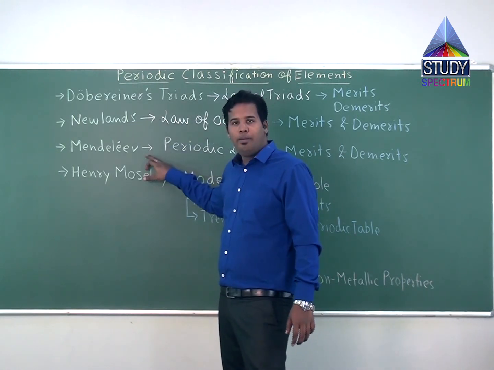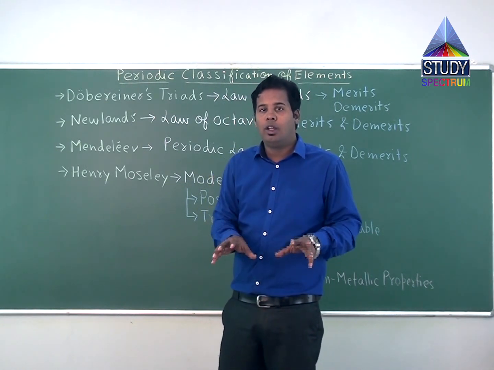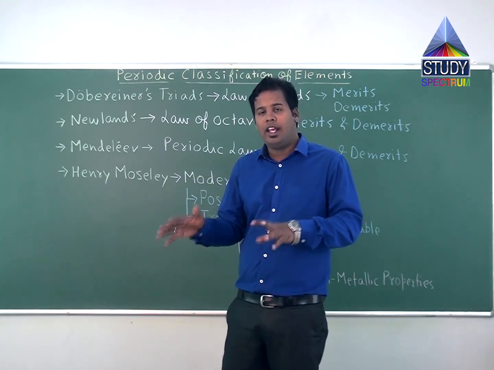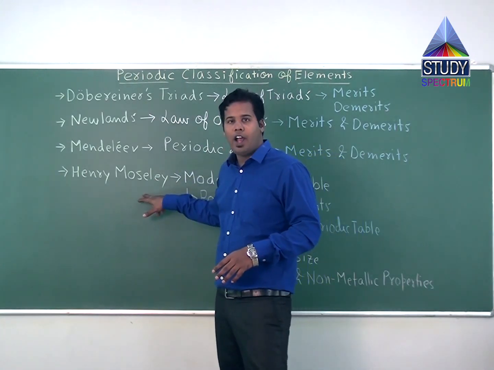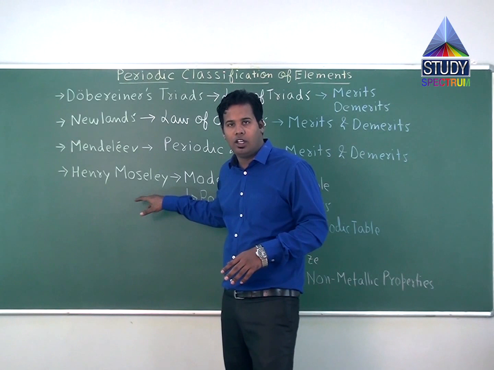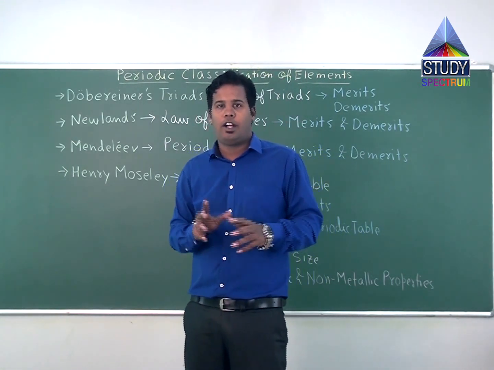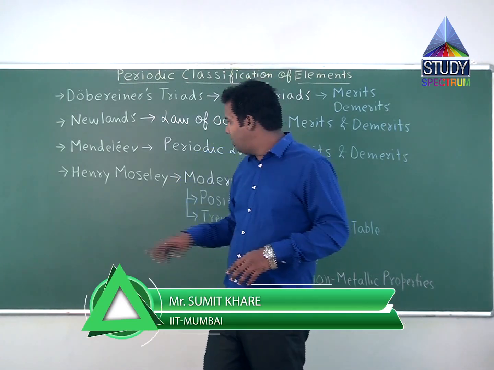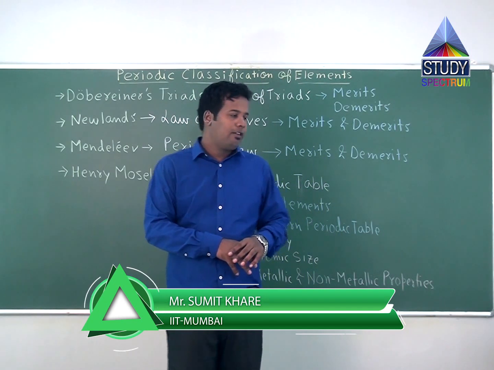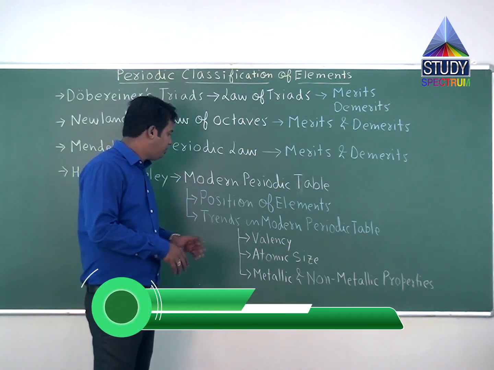The common basis between these 3 scientists was that they assumed elements to be arranged in increasing order of atomic masses, which was finally corrected by Henry Moseley: if you arrange the elements in increasing order of atomic numbers, the periodic table can be perfectly formed. And that is how Henry Moseley finally formed the modern periodic table, which you all see now.